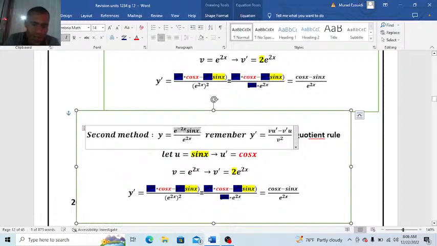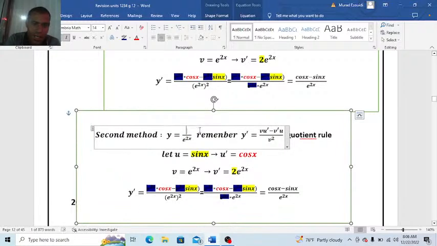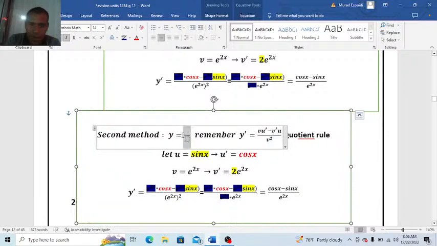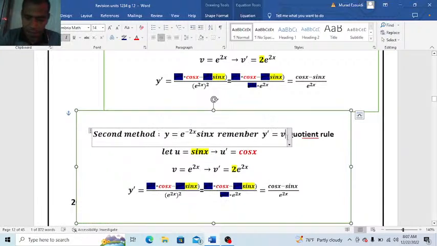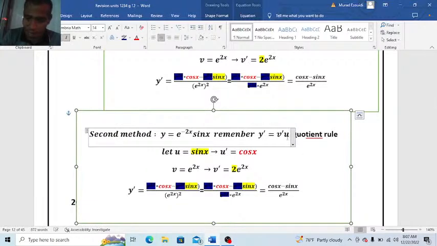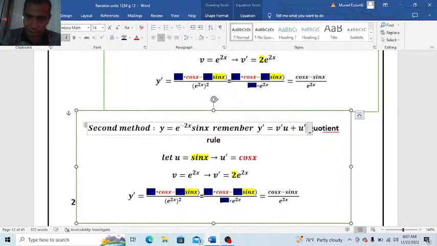Okay, this is the product of, let's say, two functions, u and v. Remember that the product rule, if y equals uv, is y dash equals v dash multiplied by u plus u dash multiplied by v.